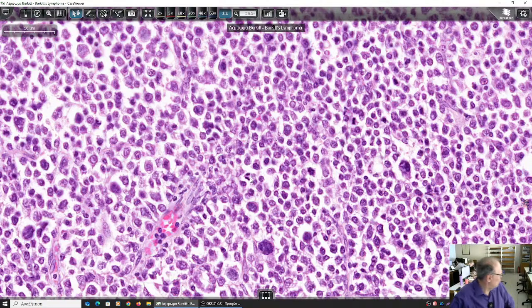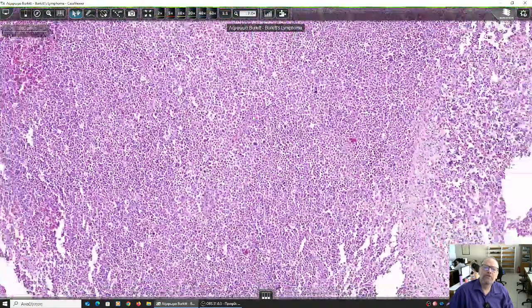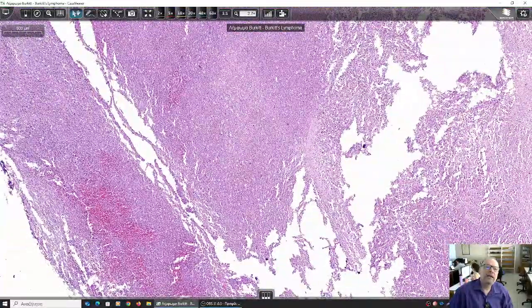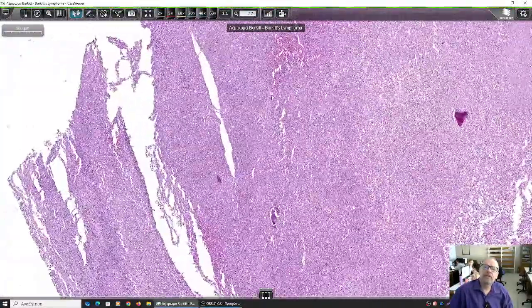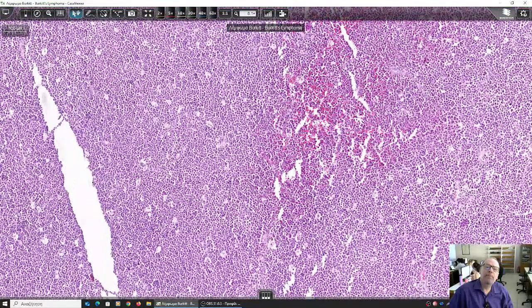There is distortion of the lymph node architecture, it's a lymphoma, all right. If we perform the proliferation marker Ki67, it will be expressed in 99% of malignant cells. And these cells also have increased apoptotic potential, and this is why you see this pattern here.